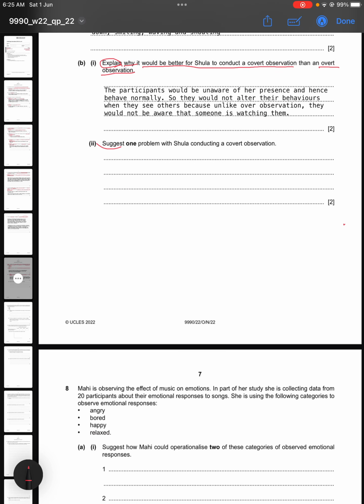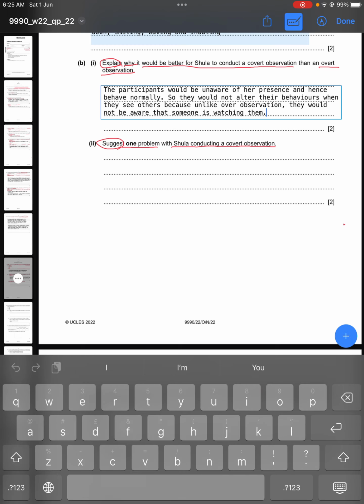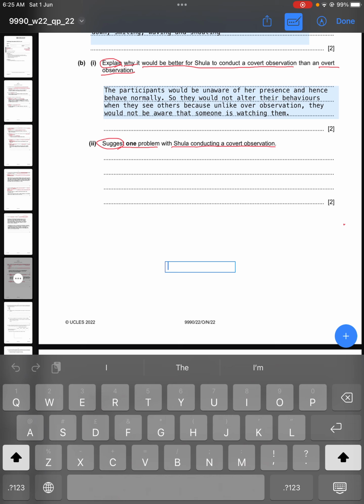Part 2 says, suggest one problem with Shula conducting a covert observation. So just write any problem, disadvantage, or limitation of a covert observation and link it to the study.